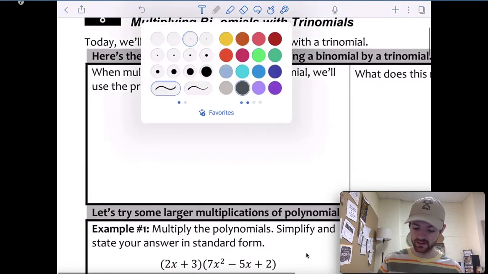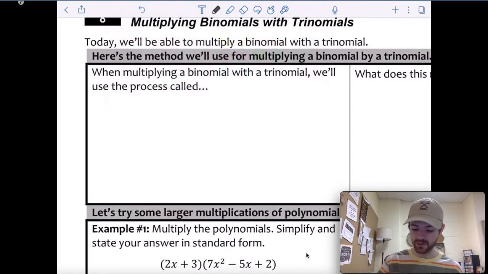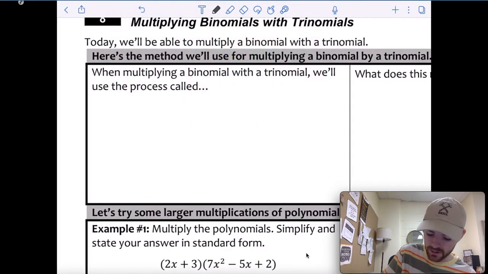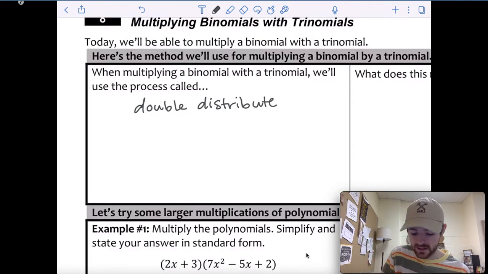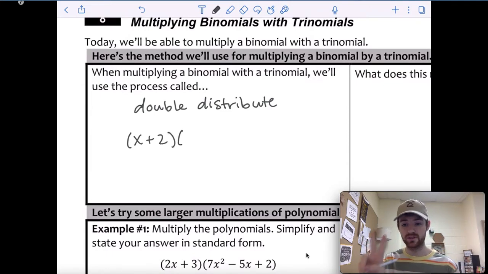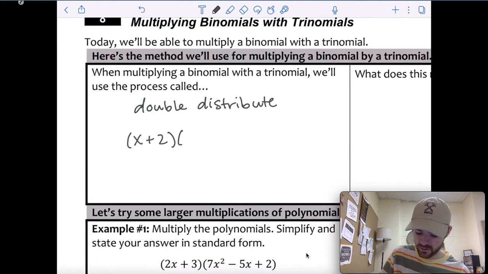So here, let's just remember real quick, when multiplying a binomial with a trinomial, we'll use a process called double distribution. Double distribute. Same process. What that looks like is if I have a binomial, now instead of multiplying it by another thing with 2 terms, I multiply it with something with 3 terms.